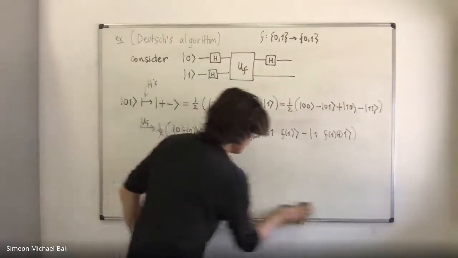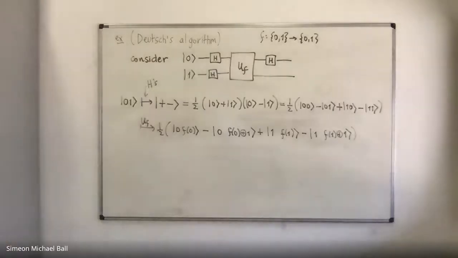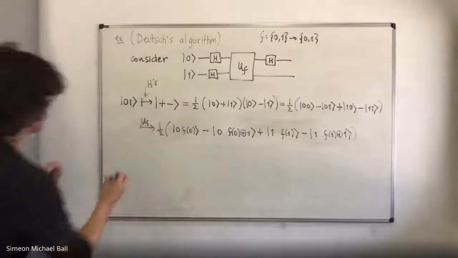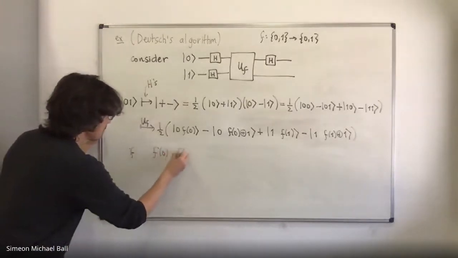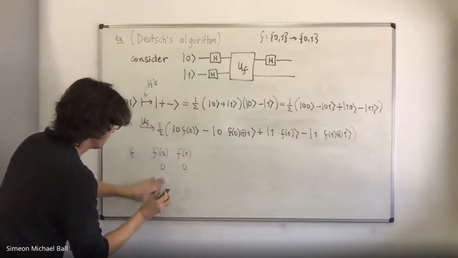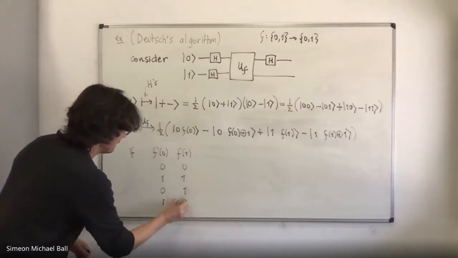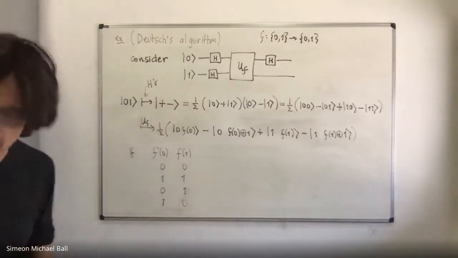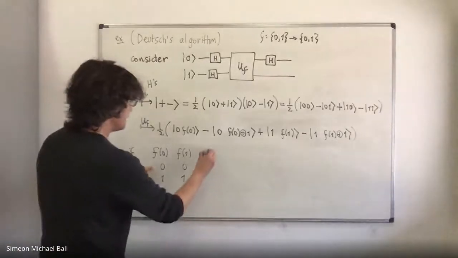Now let's just analyze each of the 4 cases here. I'm going to do this in a strange order just so you can see it a little bit better. Okay, let's just see what happens if we have 0, 0.